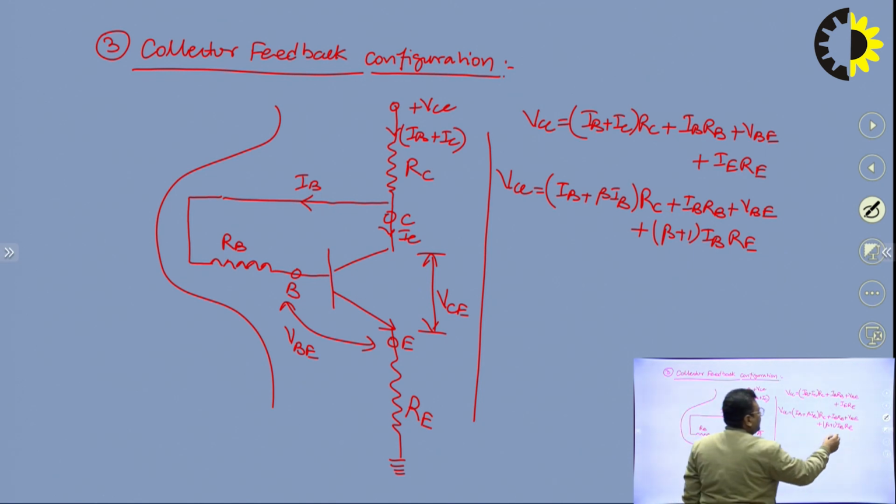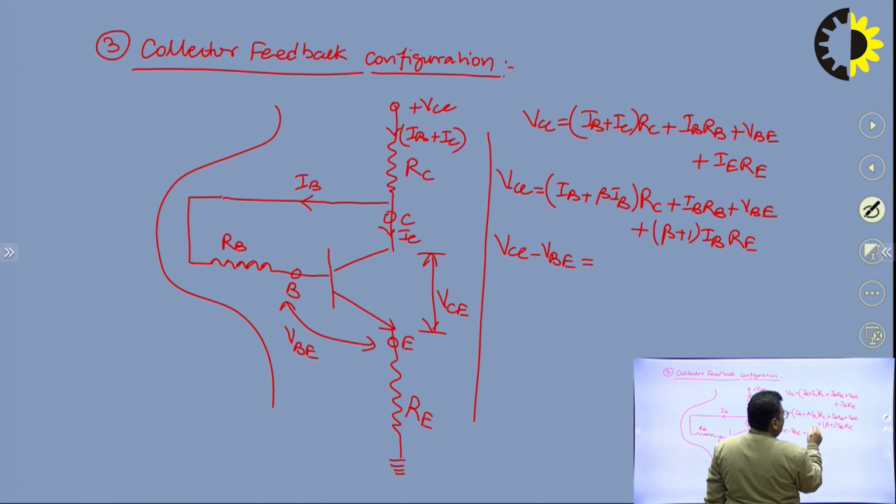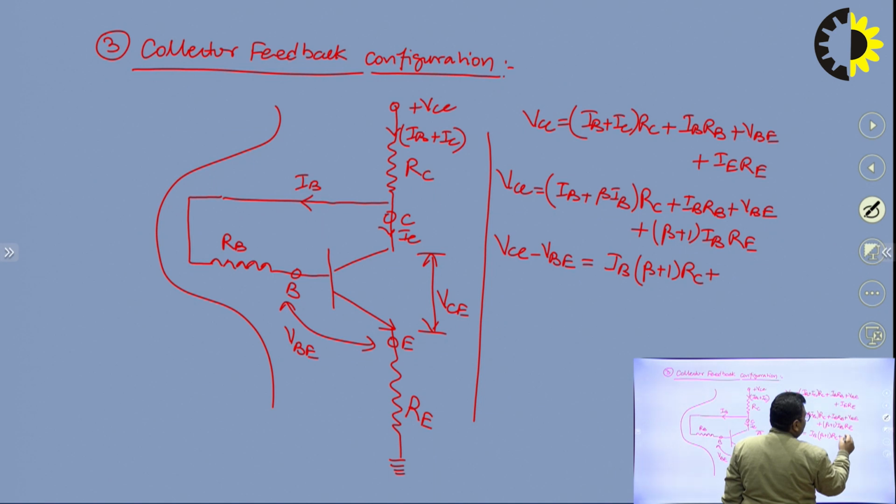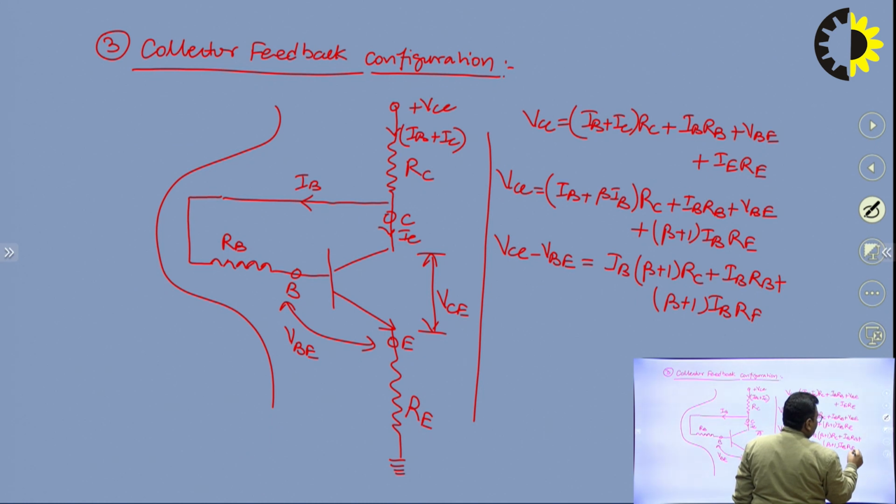Now if I take IB common, VCC minus VBE will be equal to IB times (beta plus 1) into RC plus IBRB plus (beta plus 1) into IB into RE, okay.